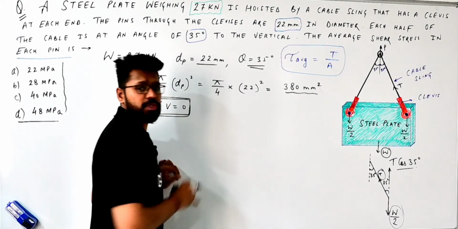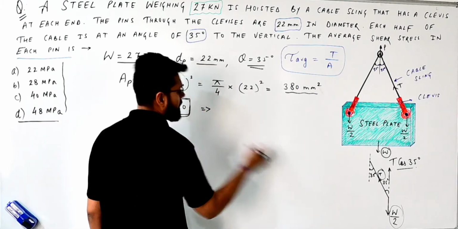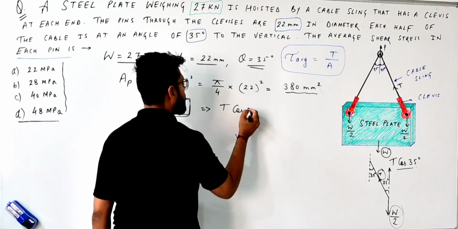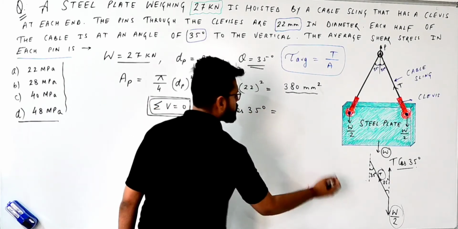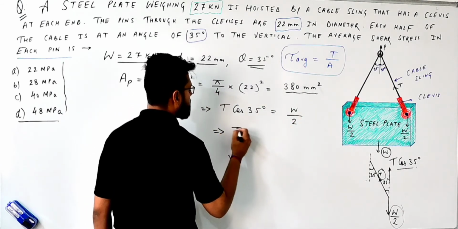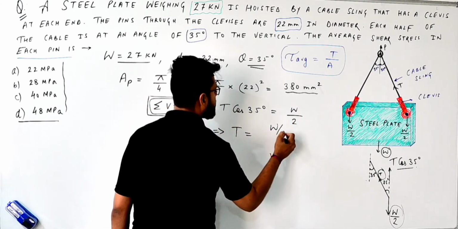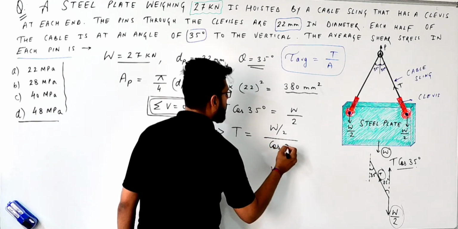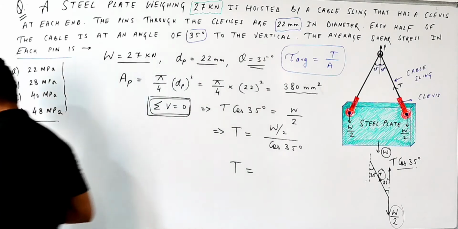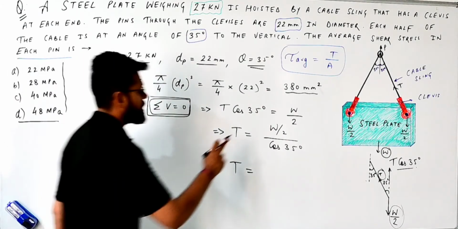Summation of vertical forces is equal to 0. So we will get from the free body diagram T cos 35 is equal to W by 2. And we have to find tension from here. T is equal to W by 2 divided by cos 35 degree. So we can find our tension, and W is our 27.